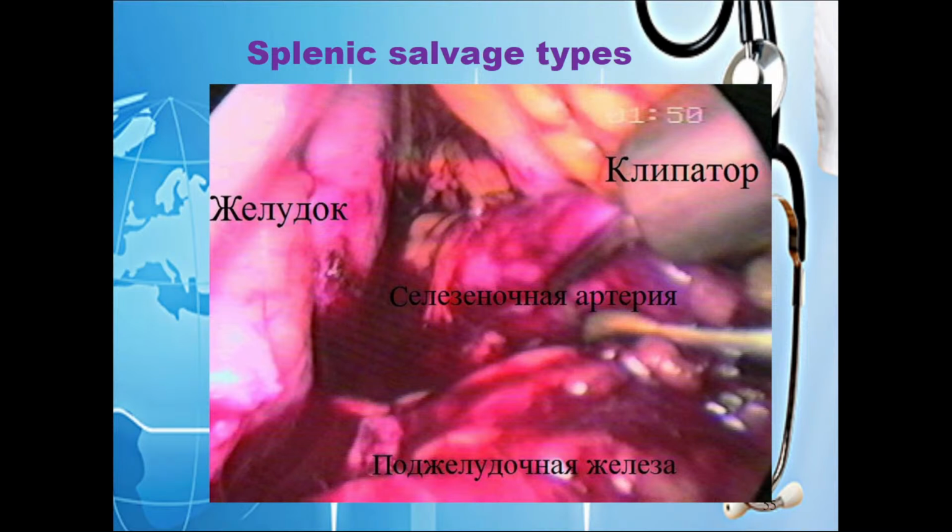So usually the splenic artery is mobilized over the body of the pancreas.